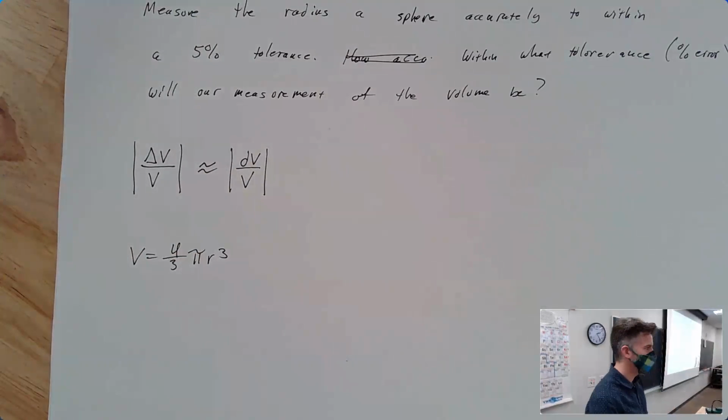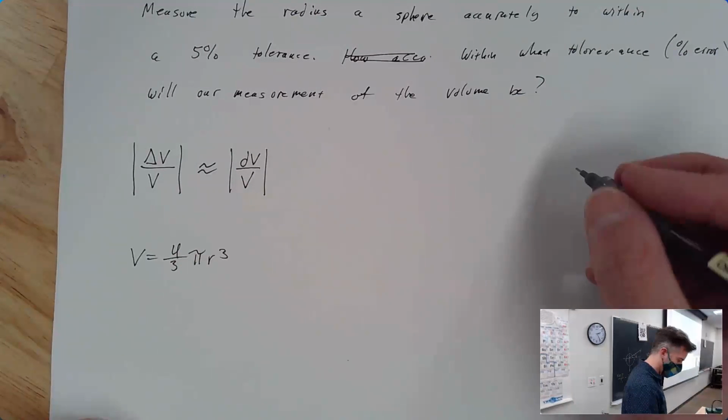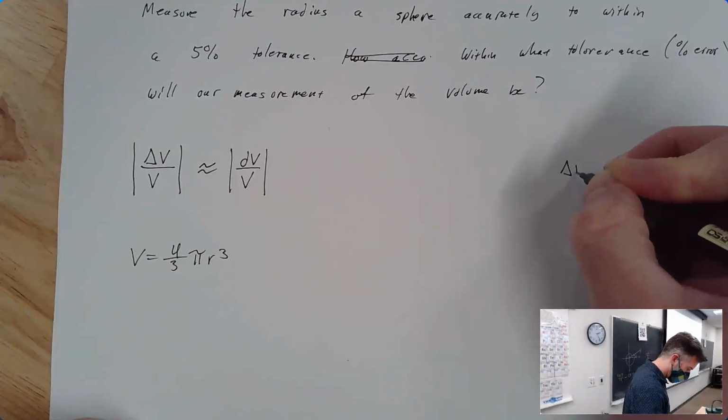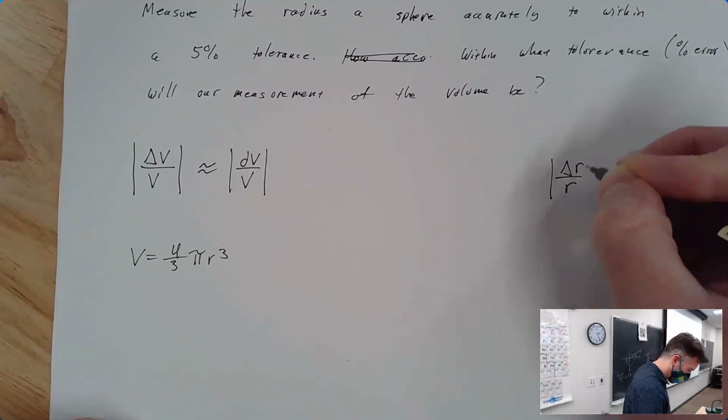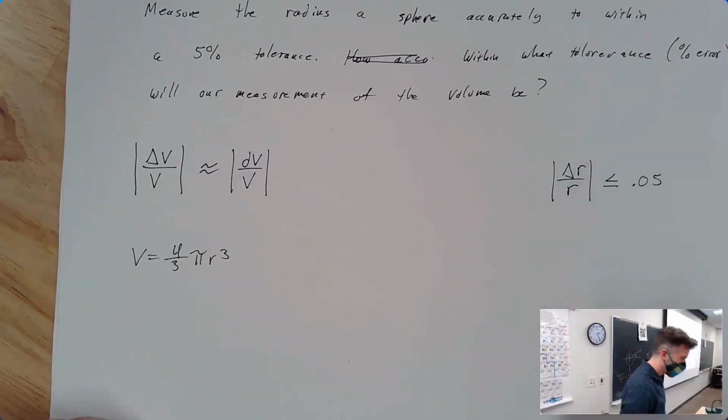So try working on that for a moment. You're going to need to use the fact that the percentage error of the radius is 5%. So we have that delta R over R in absolute value is less than or equal to 0.05.